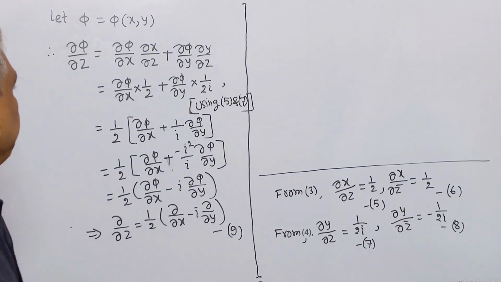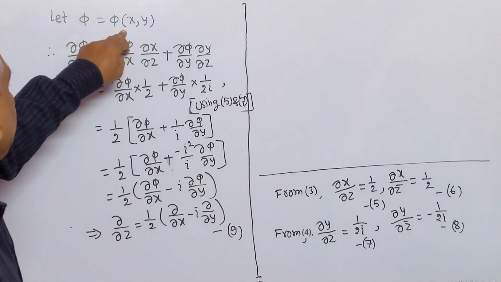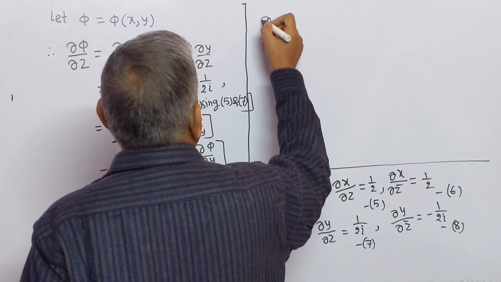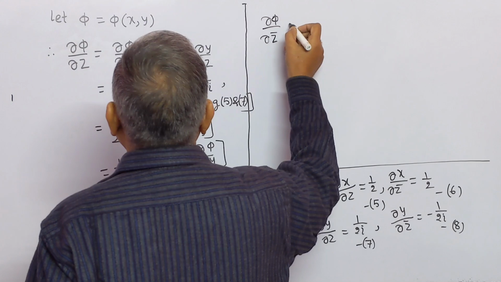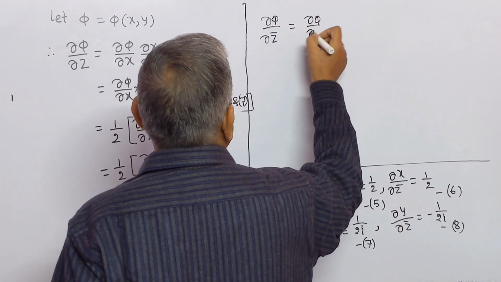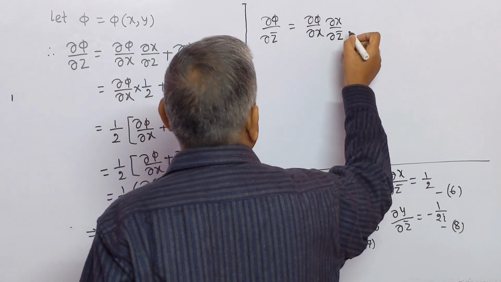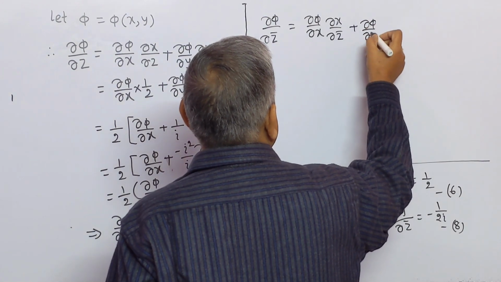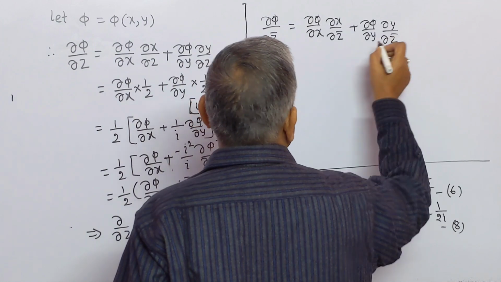Now we differentiate partially both sides of this with respect to z bar. We get del phi by del z bar equal to del phi by del x, del x by del z bar, plus del phi by del y, del y by del z bar.